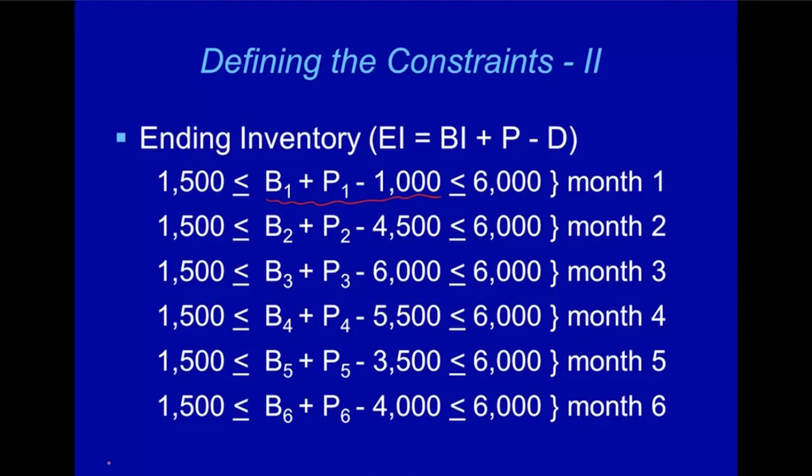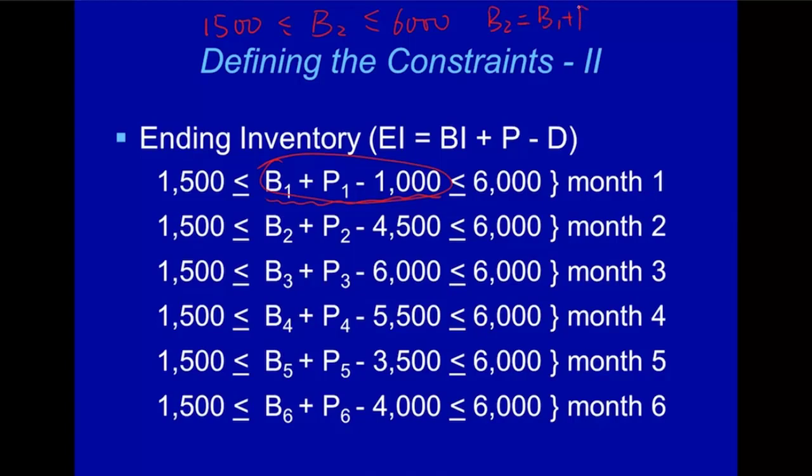So let me go back. What I wrote here is 1500 less than or equal to B2 less than or equal to 6. And B2 equals B1 plus P1 minus 1000.